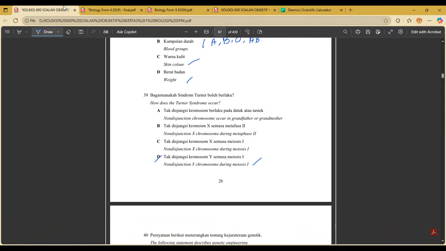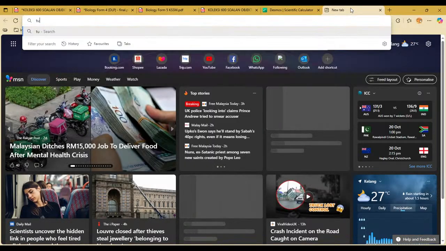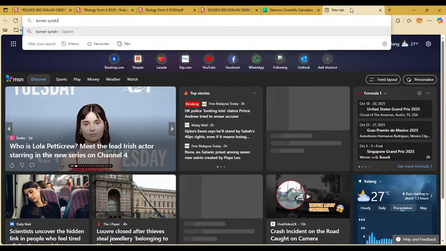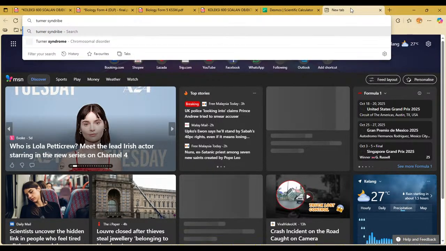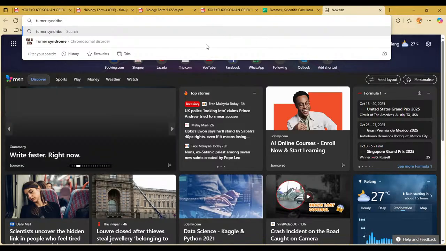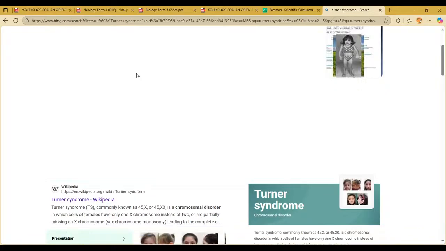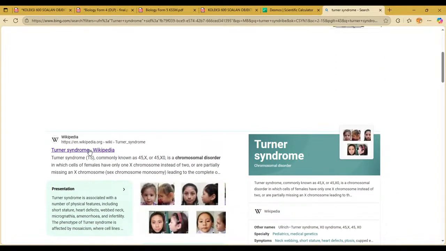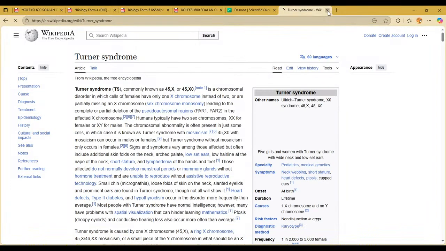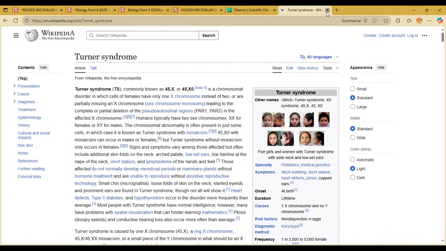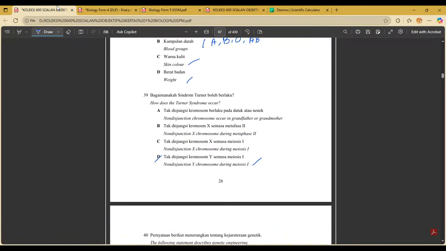C, no, it's the X chromosome. What's the chromosome of Turner syndrome again? Turner syndrome is XO. So it's, yeah, C.